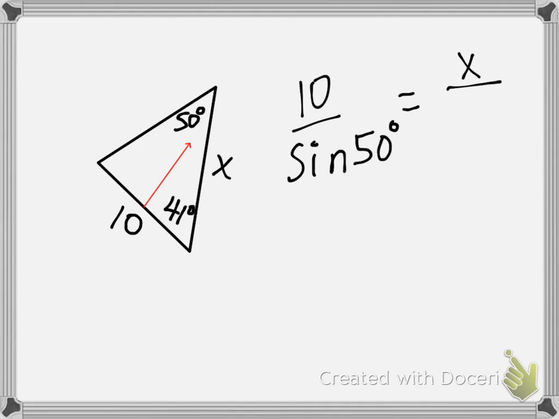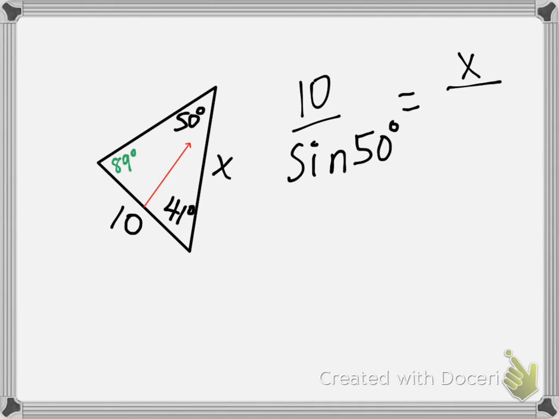So we'll take 180 and subtract 50 and subtract 41 more, and we end up with 89 degrees. So this little angle over here we just solved for was 89 degrees. Now these aren't drawn to scale.